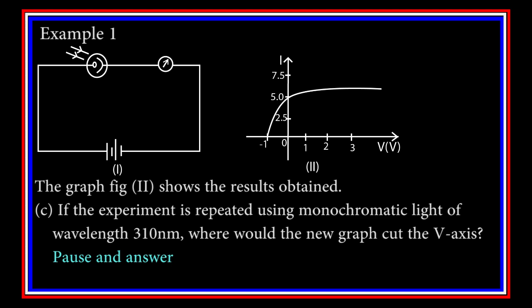C. If the experiment is repeated using monochromatic light of wavelength 310 nanometers, where would the new graph cut the V axis?